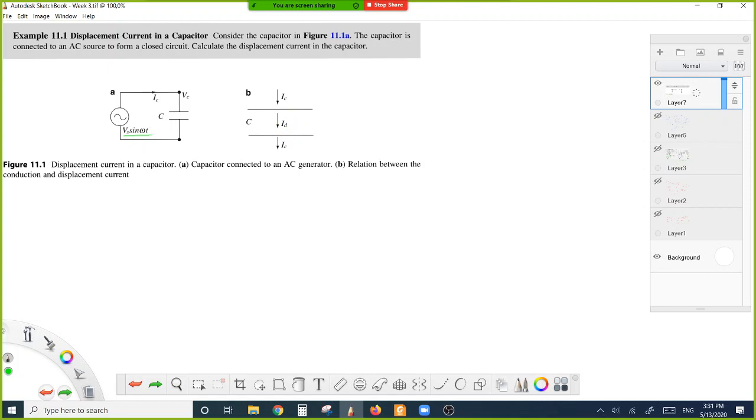Well, it is obvious from our circuit that displacement current ID should be equal to the current IC.